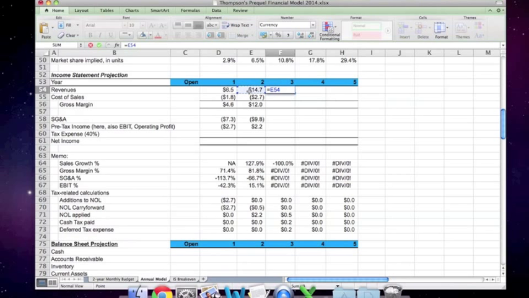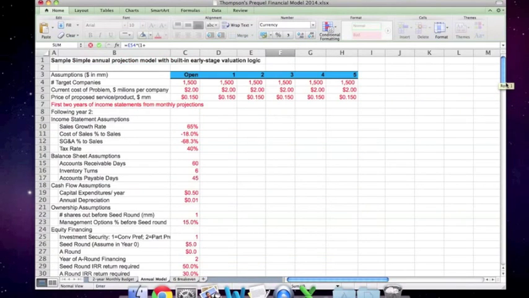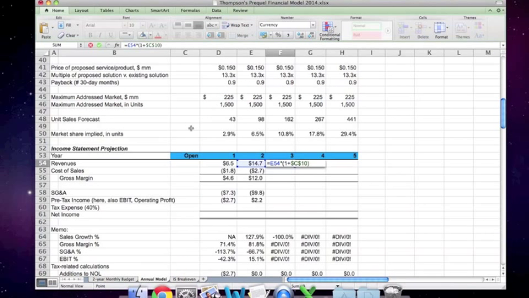So in my third year, I'm going to take second year sales and grow them at a rate that has been provided and that we used above for forecasting unit sales, and that is 65%. Again, don't forget the absolute cell reference, close the bracket, and then you can simply copy that forward.